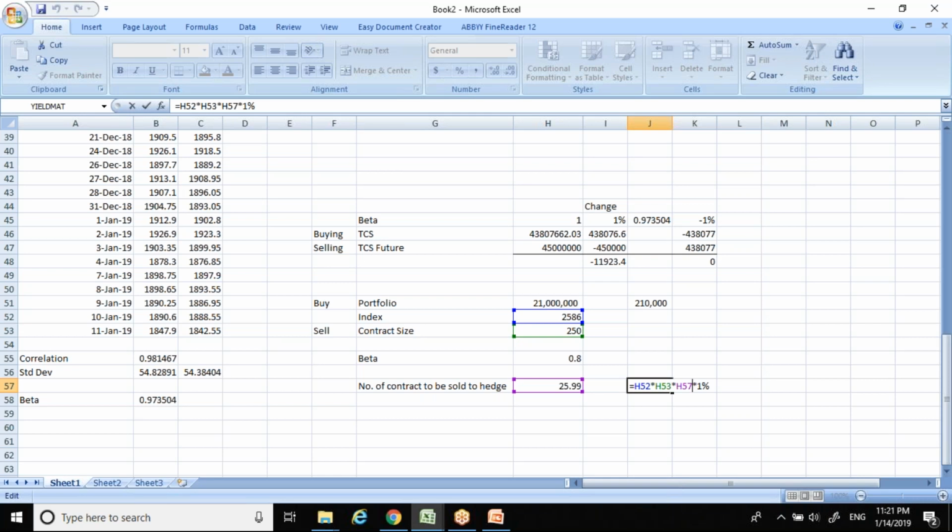The 26 contracts is telling me the change of 1%. What did I do wrong? It has to be the same. Portfolio value divided by the index multiplied by the contract size, right? And multiplied by the beta.